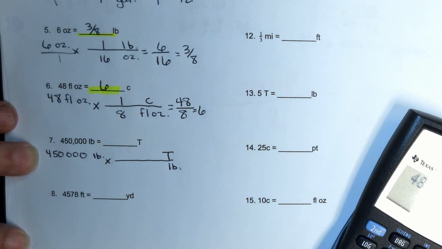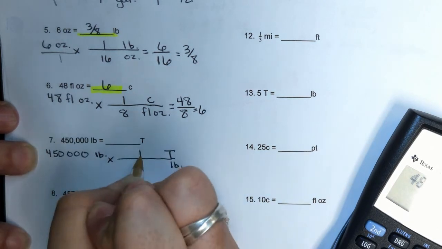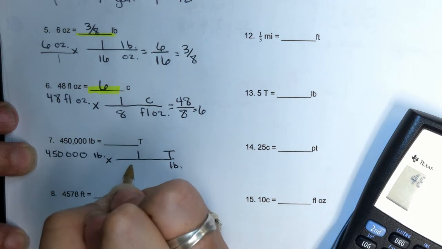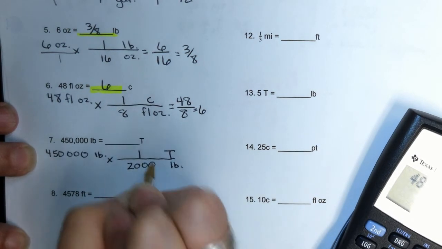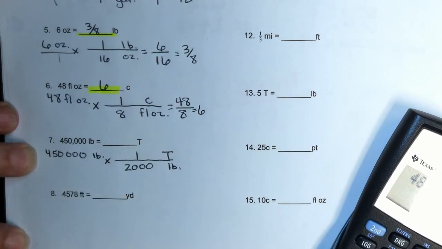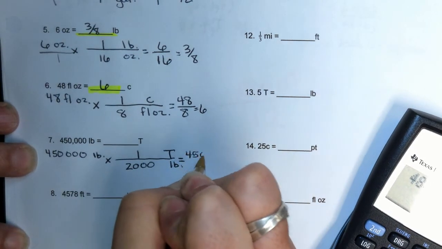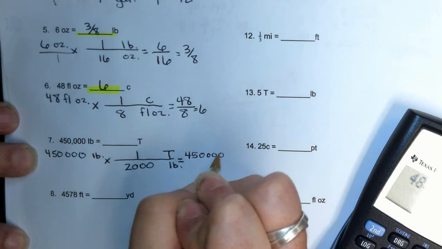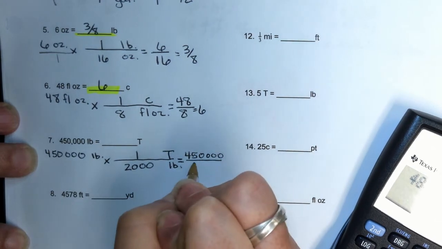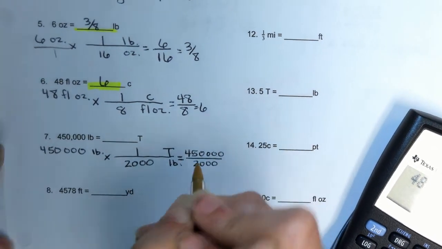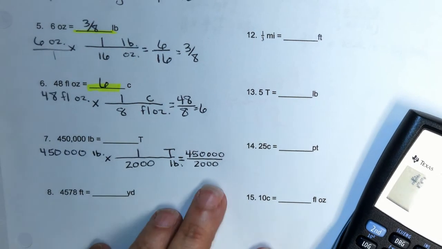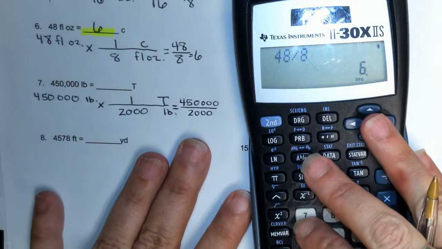I know it's a gigantic number, but 1 ton is 2,000 pounds. Okay, if I multiply straight across, over 2,000. Now, don't let that scare you, because we can all use the calculator.